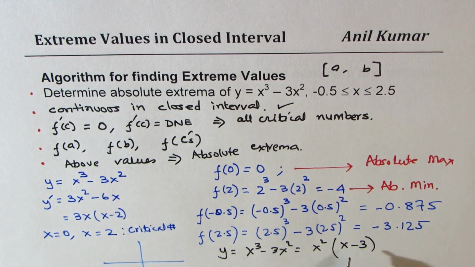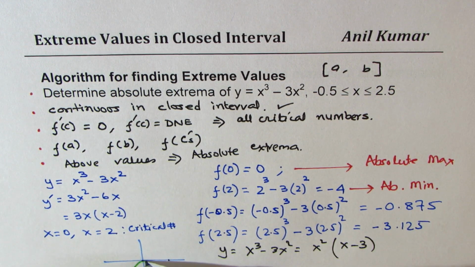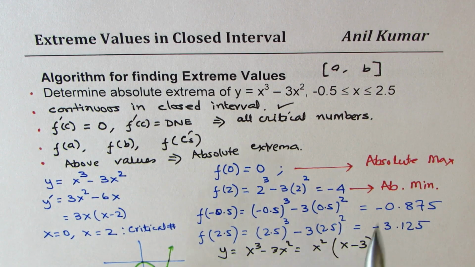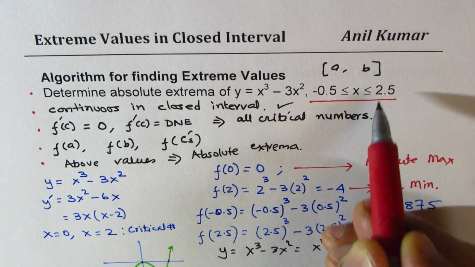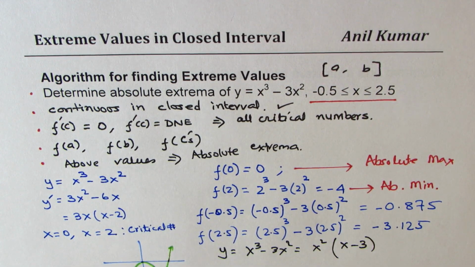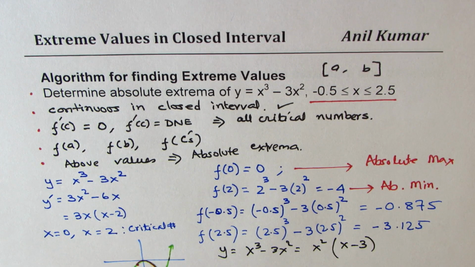So we have zeros at this turning point and at 3, right? So the function may look like, it's a cubic function with positive leading coefficient, something like this, right? But since we have boundary conditions, which are from minus 0.5 to 2.5, it looks like from this point to that point, correct? So that becomes the function.